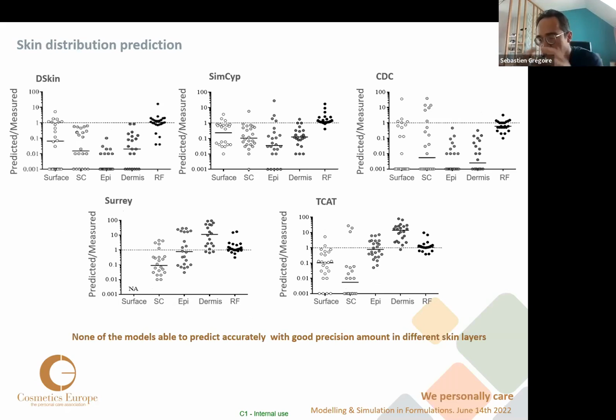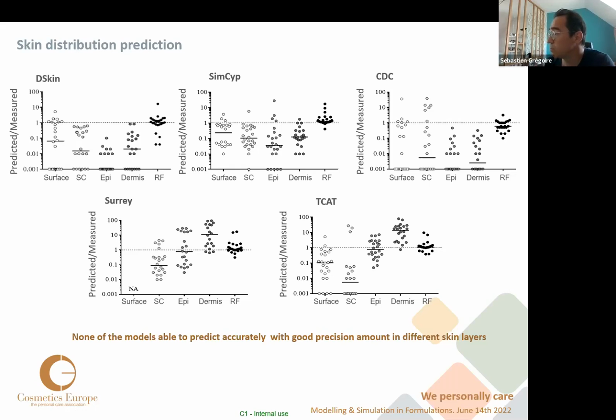I also remind you that we are interested in how the chemical is distributed into the skin, and that could be of interest especially for local tolerance, local toxicity, or skin sensitization. As you can see, for some models the ratio between predicted and measured value is more or less close to 1, but in the different skin layers it can be really much worse.